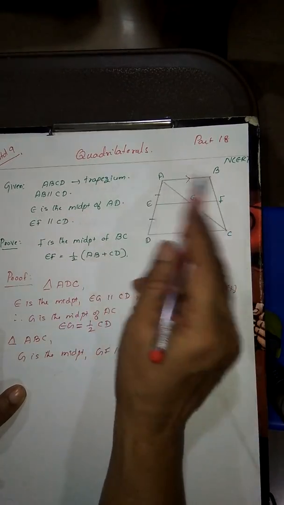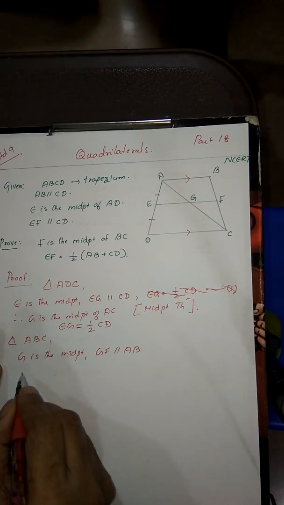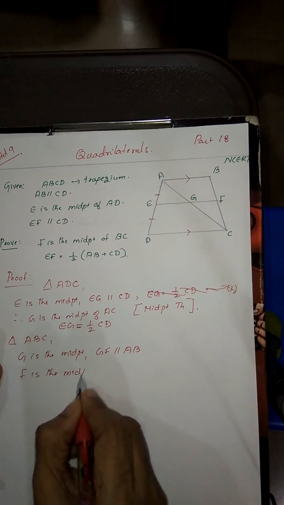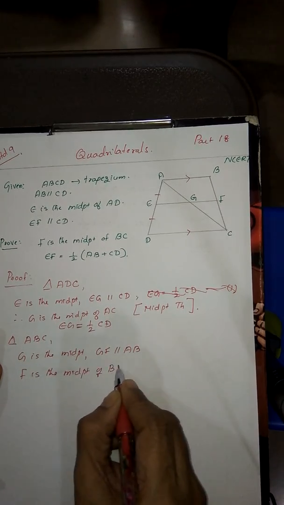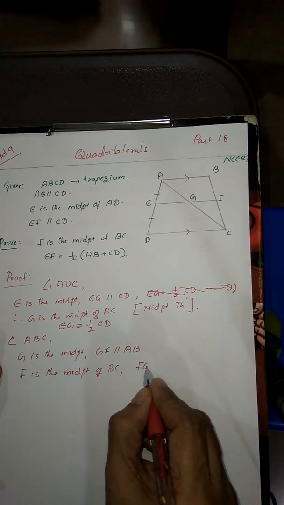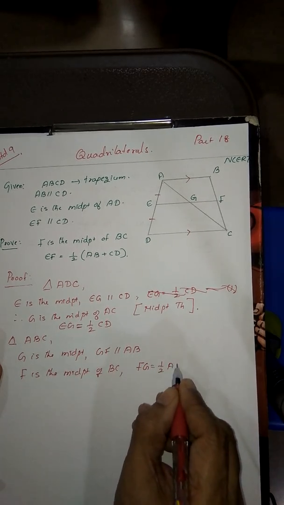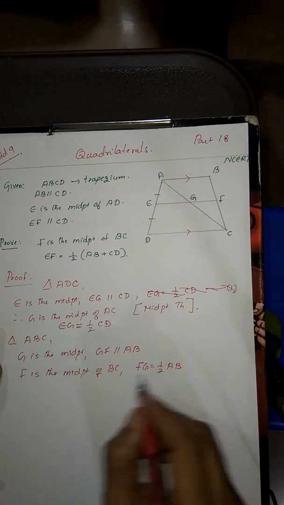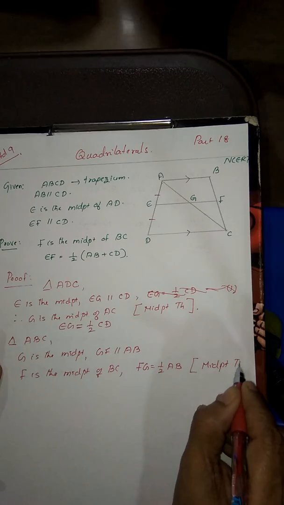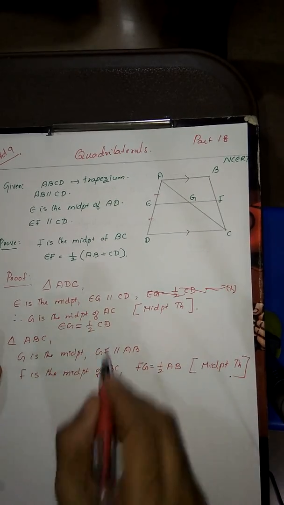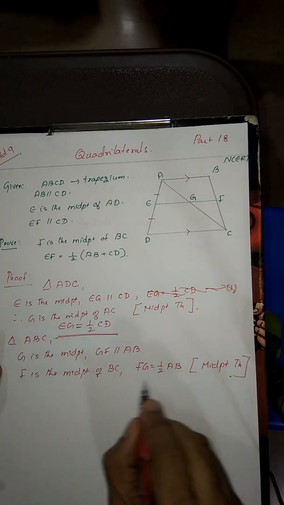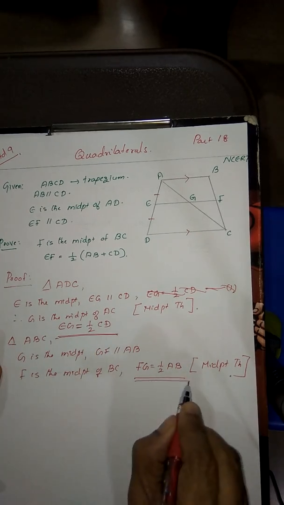So GF is parallel to AB, so we can write it as F is the midpoint of BC. Also FG is equal to half of AB. So reason is midpoint theorem. So we have this EG is equal to half of CD and FG is equal to half of AB.